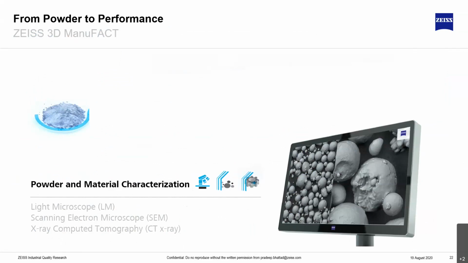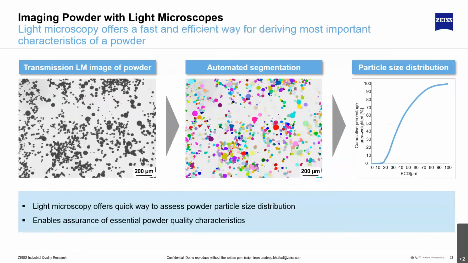If you look at light scattering or any other indirect measures, they automatically assume the particle shape and give you the size distribution. So they assume the powder to be spherical, and based on some spherical assumption, it tells you the distribution of the sizes. But if you directly observe the particle itself using light microscopy or SEM, you can actually measure the shape of the particle.